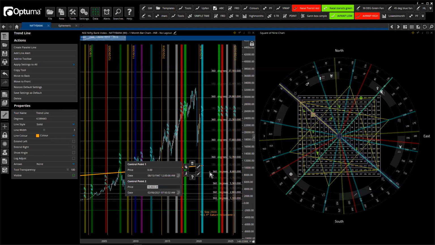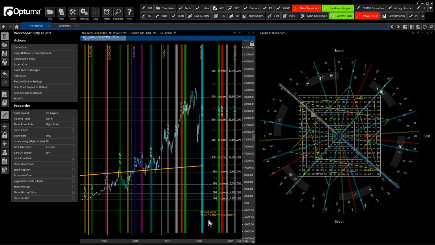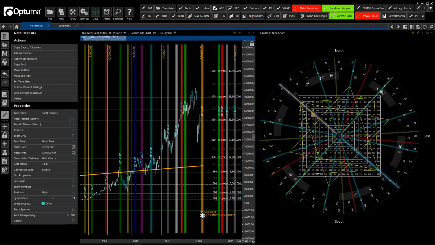And now, well, we've got the next pivot point, okay? We could make a square and figure out a perfect 45-degree angle, a 1x1, and set it to the speed of Saturn. But basically, with this information right here, we've got enough information to know the exact position of Saturn along the way through this cycle, because we've got the date of this bar, and we've got how many degrees from natal date that Saturn has traveled.